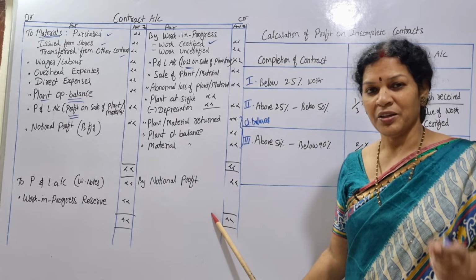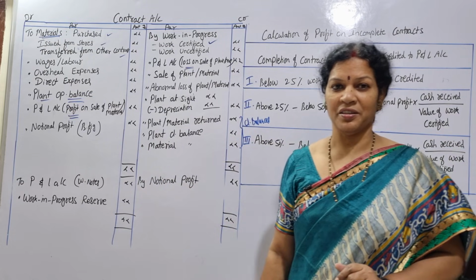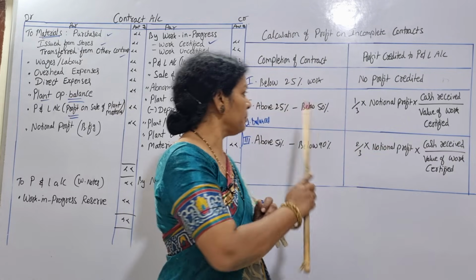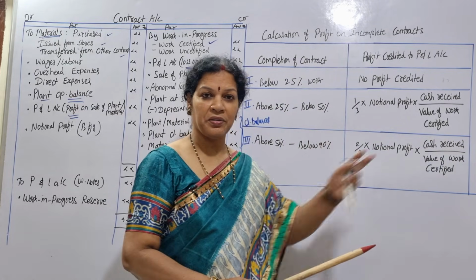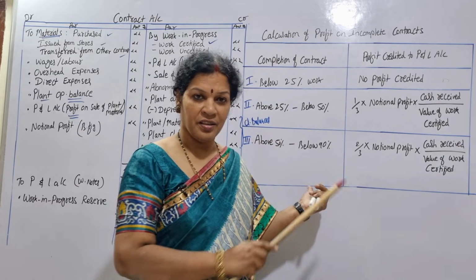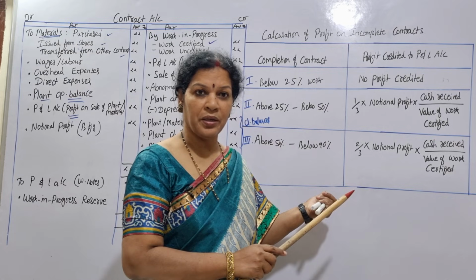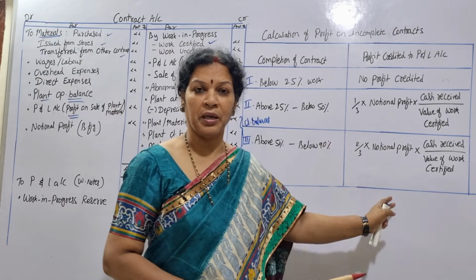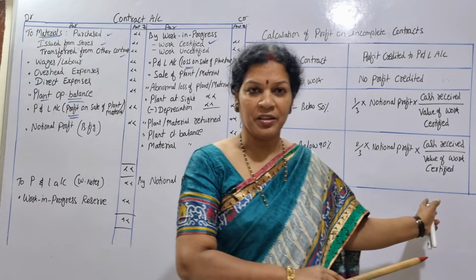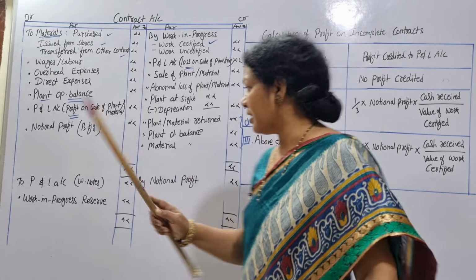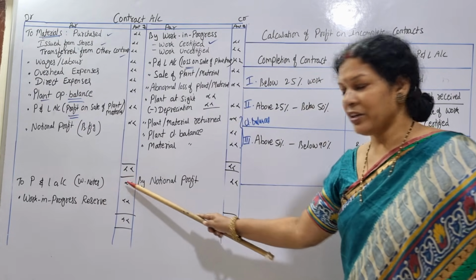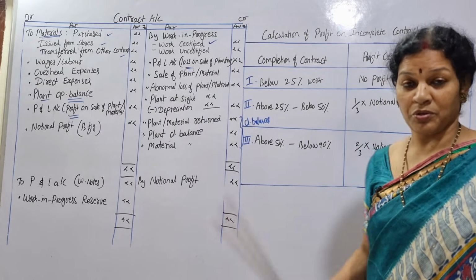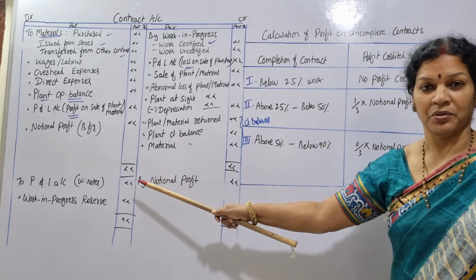Then you have to see how much work is completed. Is it in between 25 to 50%? Then this formula. Is it above 50% and below 90%? Then the 2/3 formula. So as per that you calculate, and whatever you get is the amount for the profit and loss account.